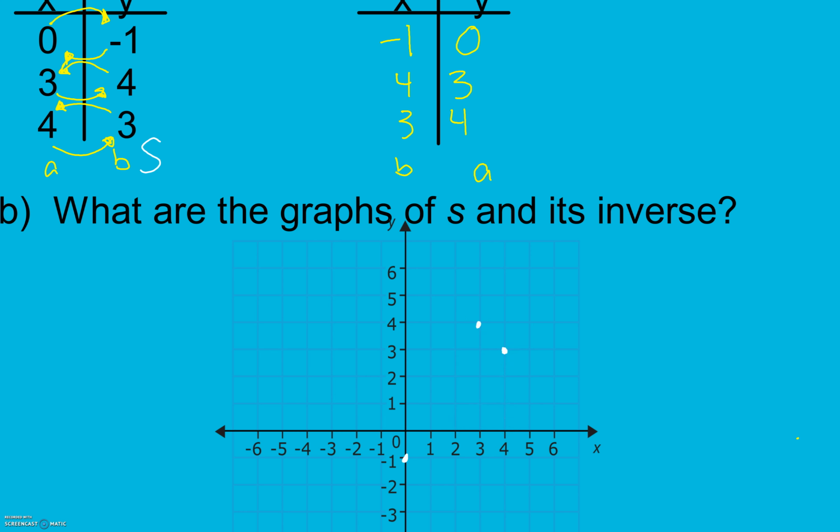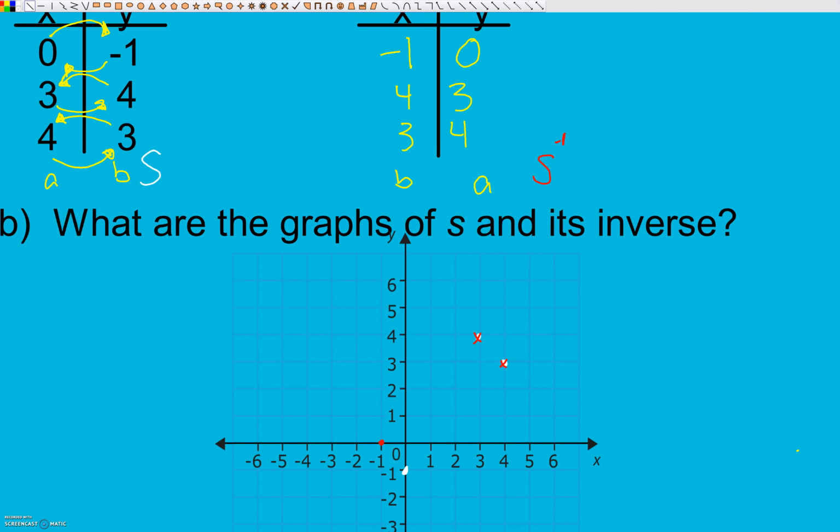Its inverse, which we mark as S with a little superscript -1, I'm going to have (-1, 0), (4, 3), and (3, 4). The graphs here are always going to be reflected over the line y equals x. Here, one unit away, same. Here, same. It's like they just flipped over each other.